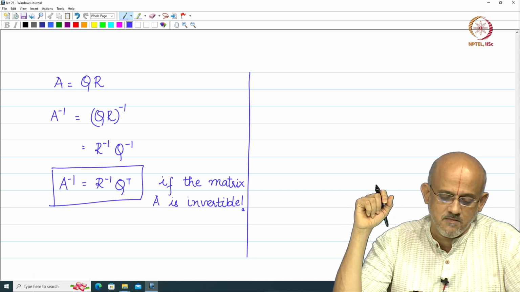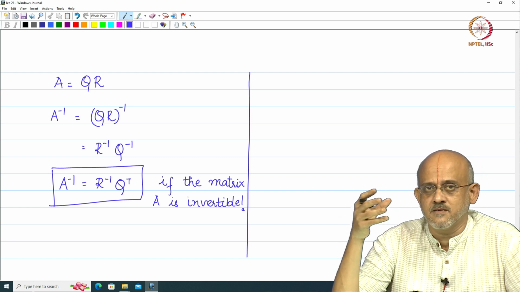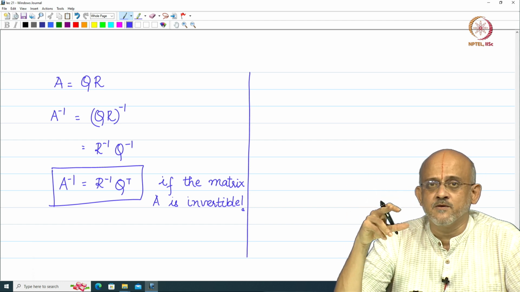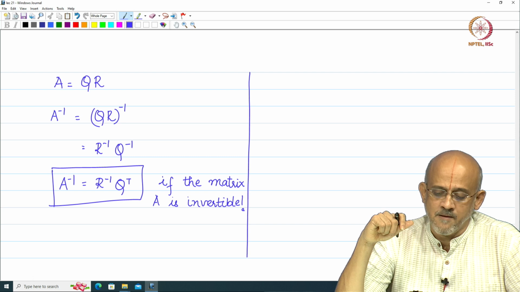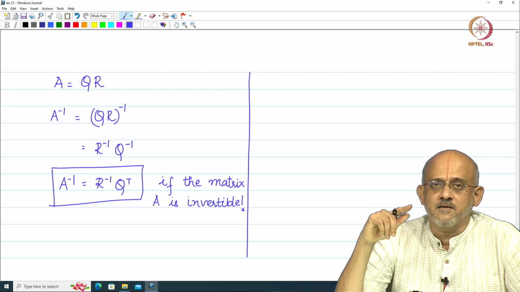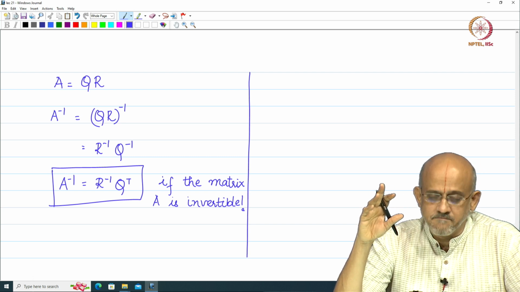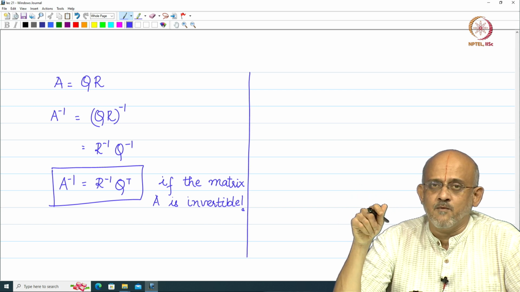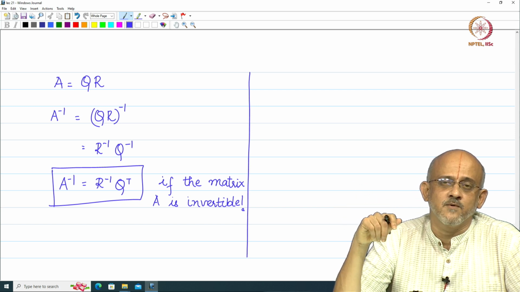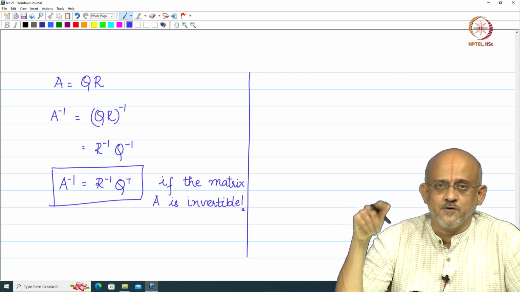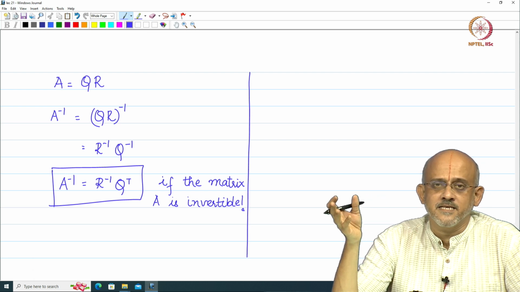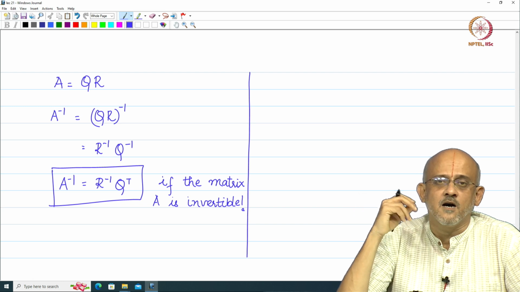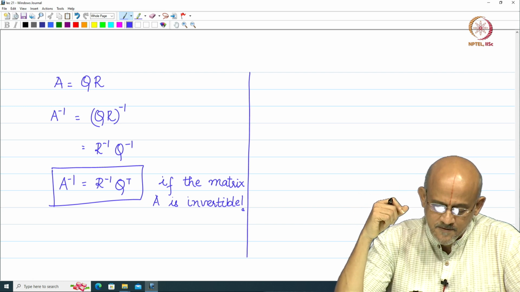So now that brings us to another interesting question. We began with the first few lectures of this course, where we looked at solving systems of equations, and we understood that if I have a square matrix A which is invertible, and I want to solve a system of equations Ax is equal to B, I can write x is equal to A inverse into B. This is something which we saw from our first two modules.